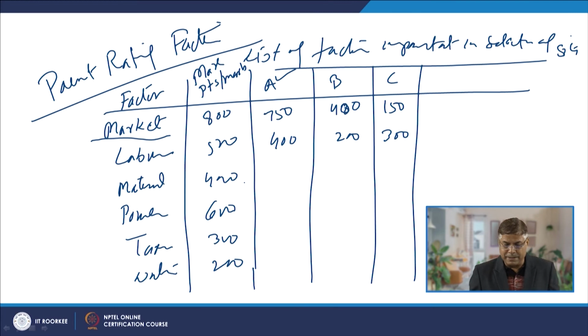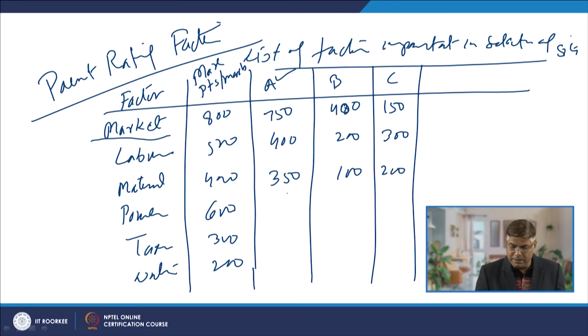Material availability, as per the ease of availability of the material in terms of cost, will be rated on a scale of 1 to 400, and you can give any points to site A or B up to a maximum of 400. So say it is rated 350, then 100 if it is not that good, and 200.